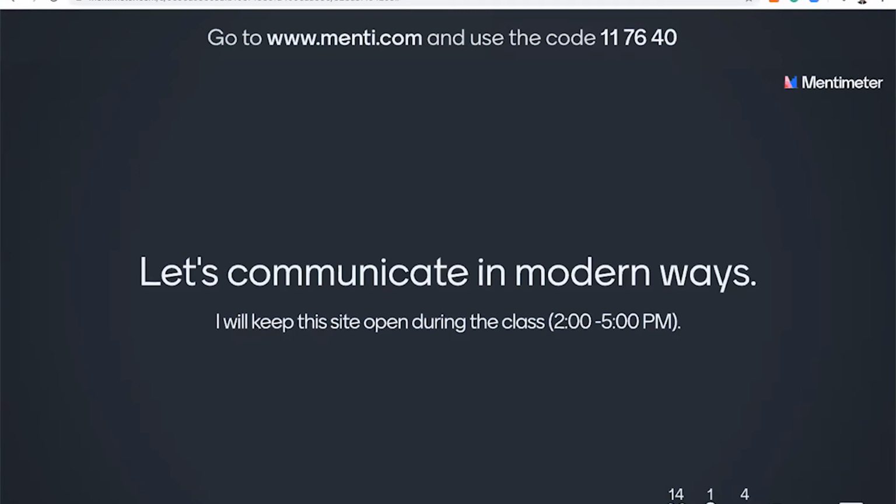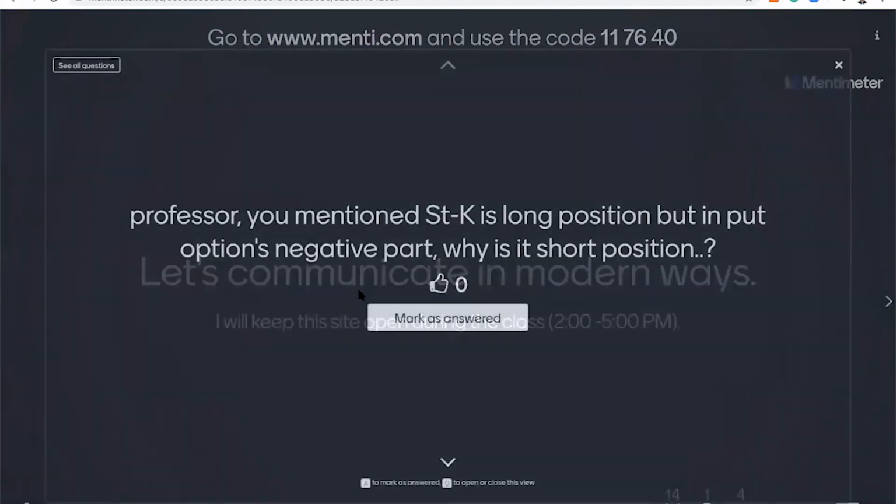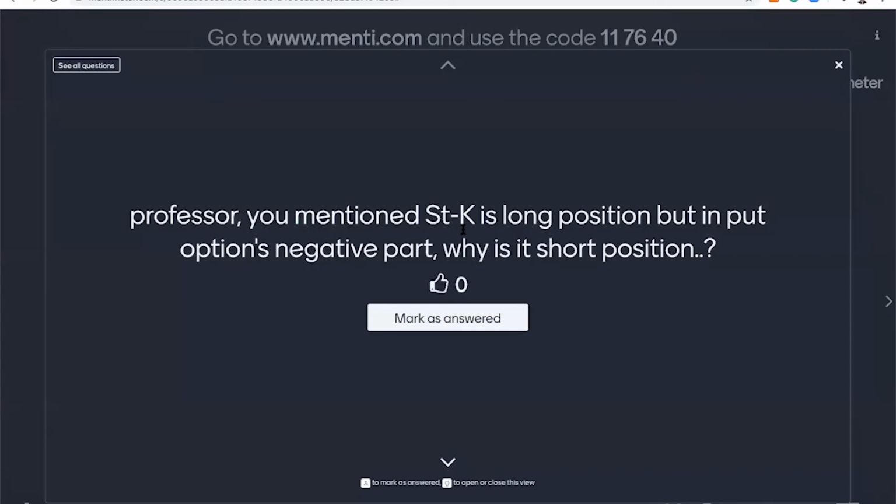Are you really sure? Oh, okay, yeah, there is a question here. There must be a question. Yeah, you can understand this by just listening to the first explanation. Okay, you mean ST minus K is long position, but the put option is the negative part, which is short position.